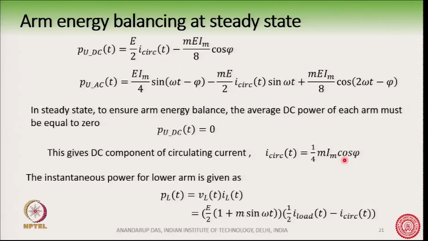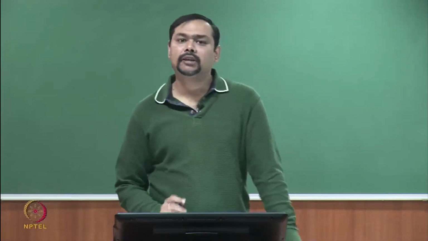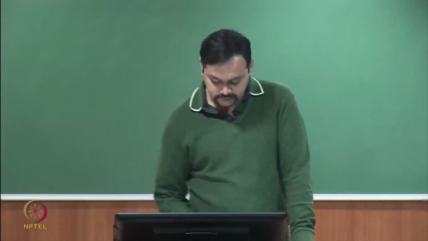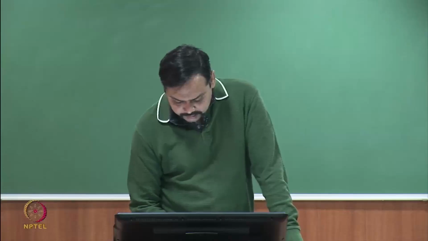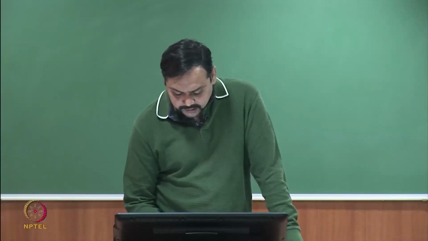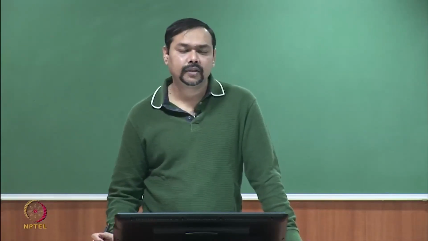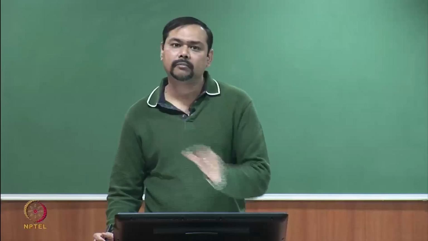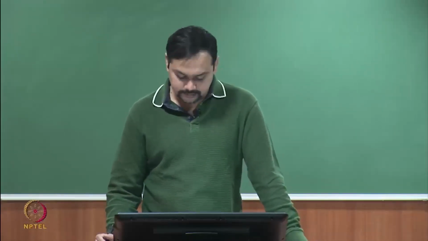Now, in the upper arm the energy is balanced. What about the lower arm? The same exercise can be done for the lower arm also. You see this is P_LT: you multiply V_LT with I_LT, the lower arm voltage multiplied by the lower arm current.